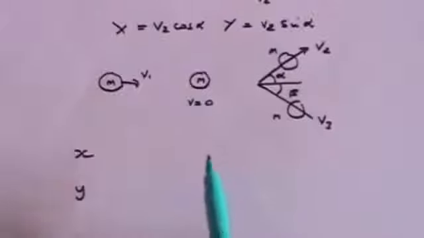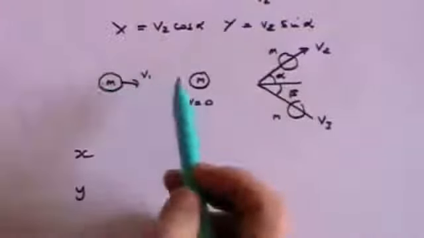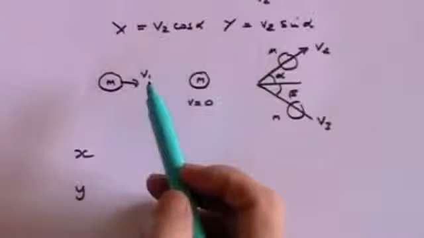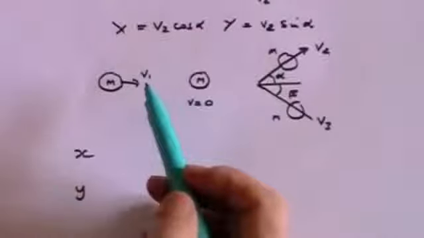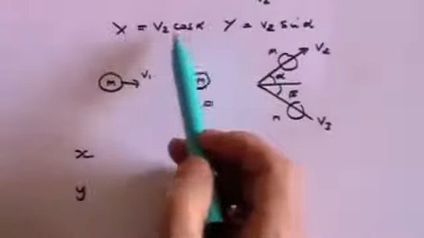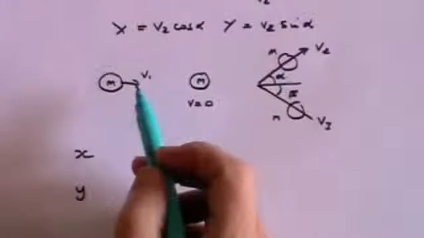Well, let's first of all think about the x direction. This ball is actually travelling along the x direction. So the angle between v1 and the x direction is 0. Consequently, cosine 0 is 1. So we've just got that the velocity along the x direction is v1.